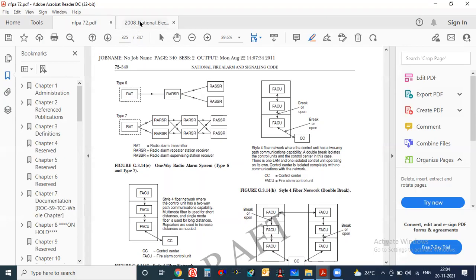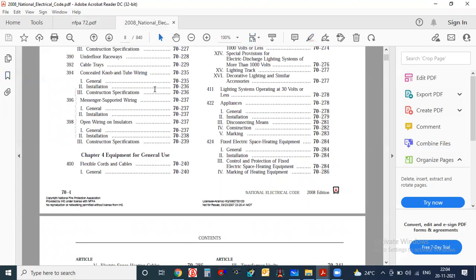So I will share this book also. If you come across any wiring diagram or any electrical requirement, you can check this one, or if your vendor or consultant is talking in terms of this, you can check that also.